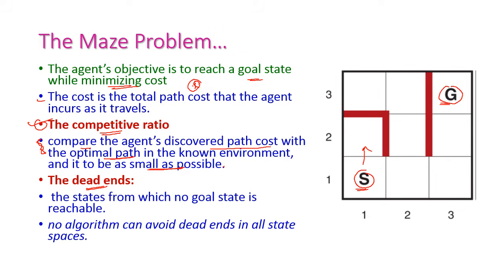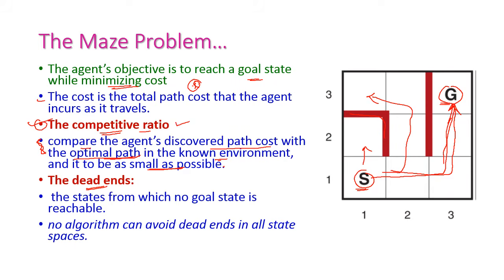First it may go here, or it may go in this direction, because the hurdle is here. It cannot go beyond that. After that it will slowly go in this direction and reach the goal state. This particular path cost should have a very minimal difference from the original optimal path in the known environment. So this is called the competitive ratio.